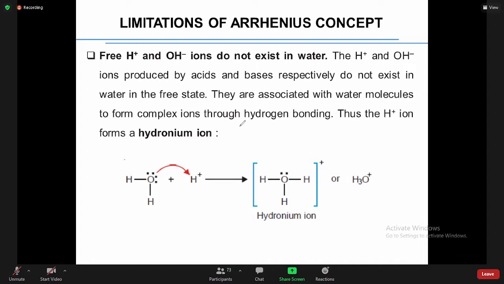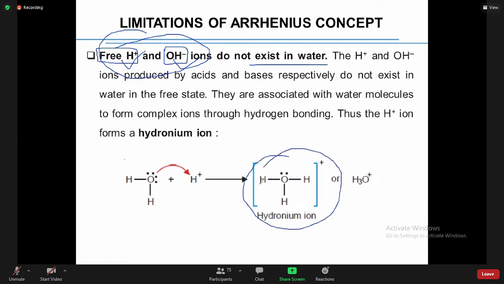The first limitation is that it discusses free hydrogen ions and hydroxide ions, but these normally do not exist in water in a free state. Have you understood? Yes, sir. Rather, they form a hydronium ion in the water or aqueous solution.